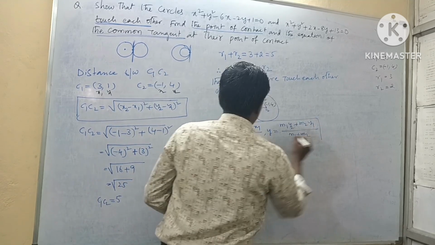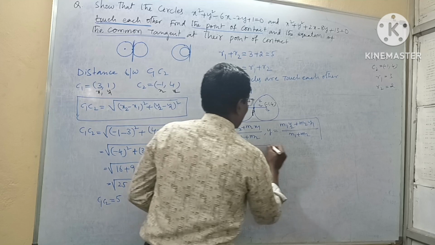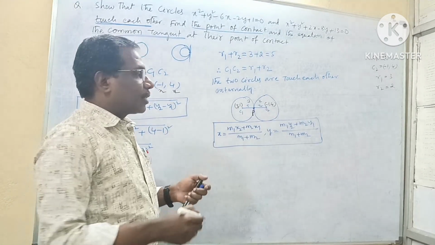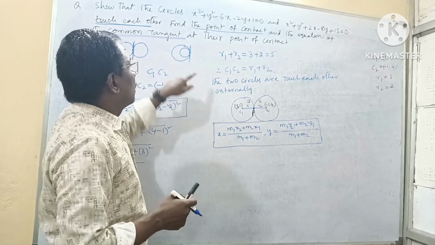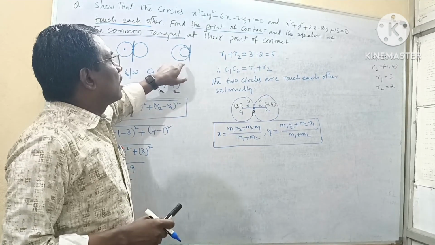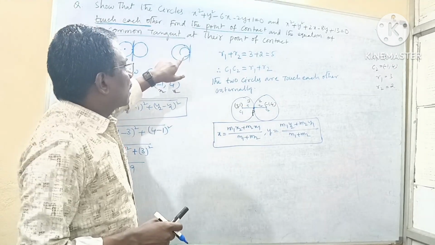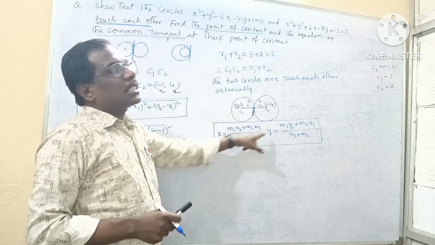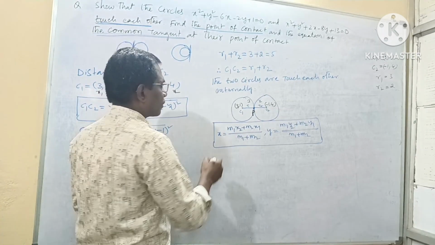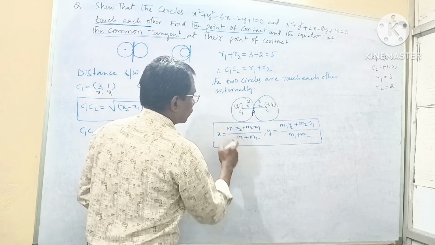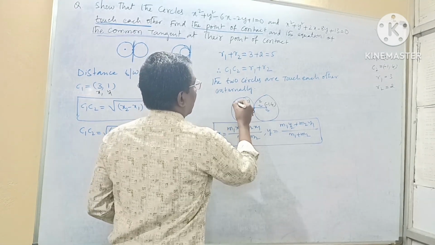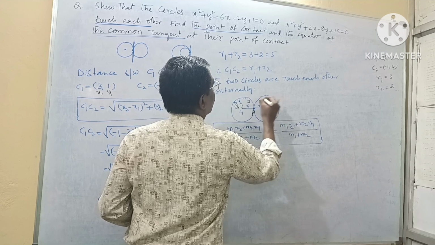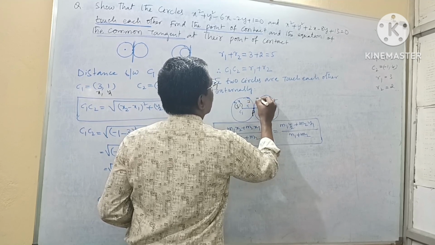This is the formula for external contact. If the circles touch each other internally, if the circles are like this, then we use the minus formula. So x is equal to, see it is x1 y1, x2 y2, and it is m1 and m2.